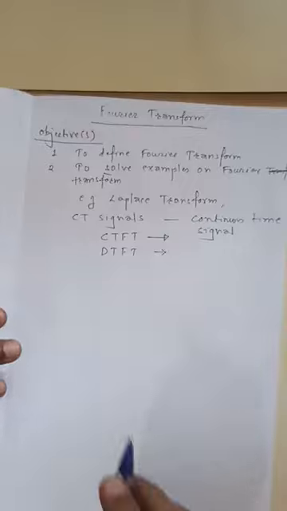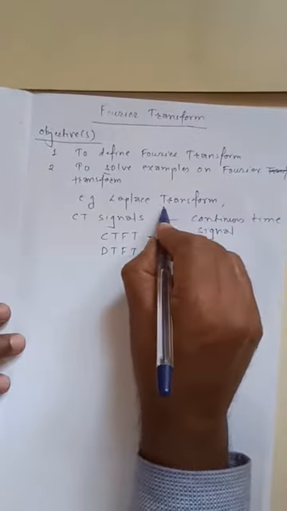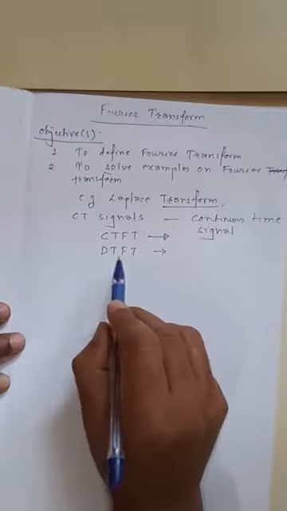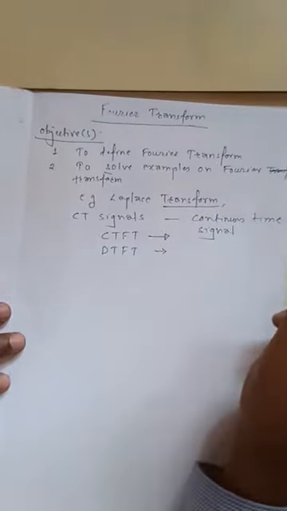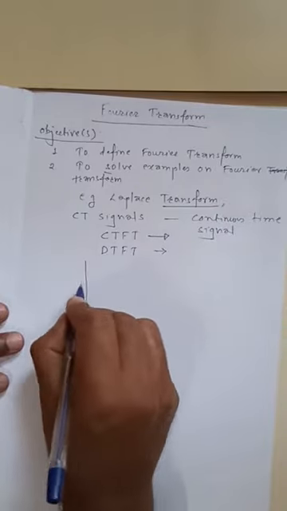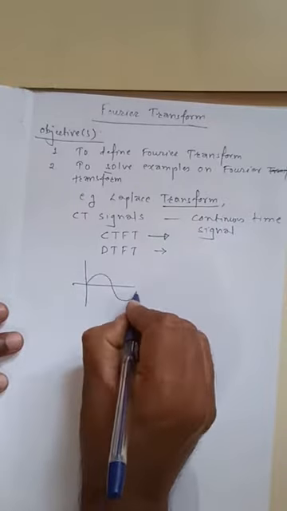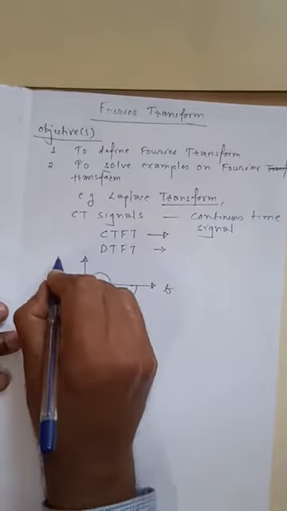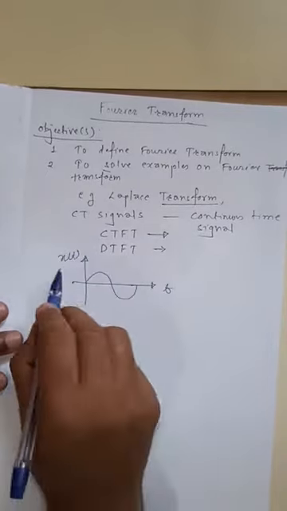As transform is the word related to the Laplace transform, Fourier transform, discrete time Fourier transform, there is transformation. So the CT signal, for example, suppose this is the CT signal, a sine wave. This is the time axis, this is the parameter axis, x(t) versus t.